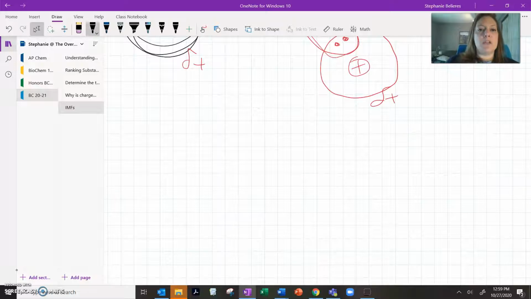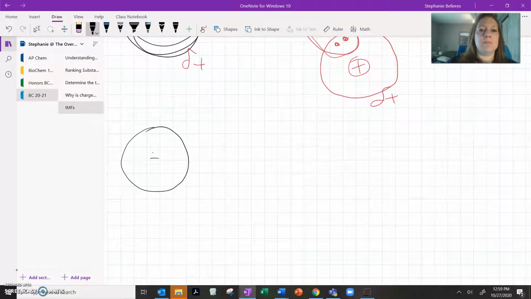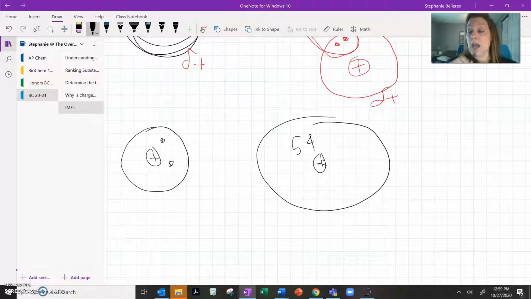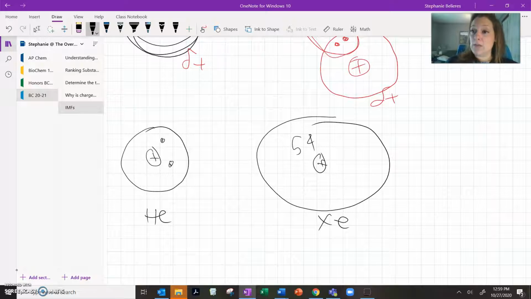So let's say I'm looking at helium, with two electrons, versus xenon, with 54 electrons. This is helium and this is xenon. It doesn't mean I need all 54 of those electrons on one side. I need more than one. So the likelihood that two of xenon's electrons will end up on one side is much higher than the likelihood that both of helium's electrons are going to end up on the same side.